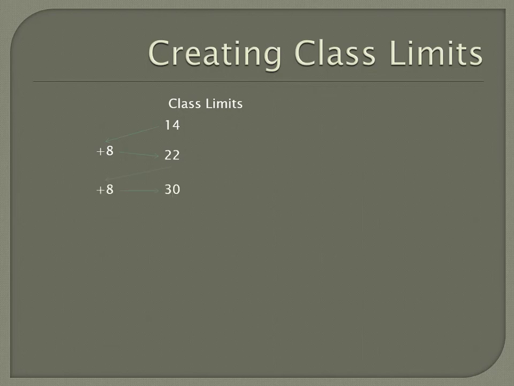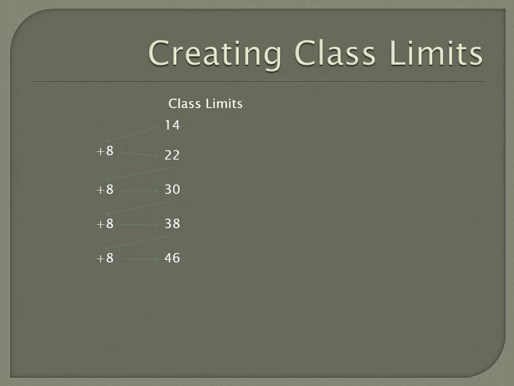If you add 8 to that value, that gives you the next lower class limit. And we have 5 classes, so we repeat this 5 times. So once we're done adding 8 in a row like that, the lower class limits will be 14, 22, 30, 38, and 46.